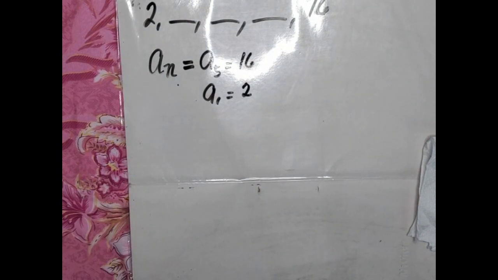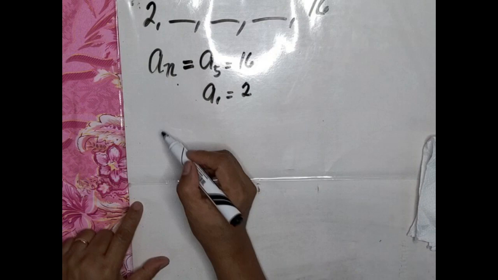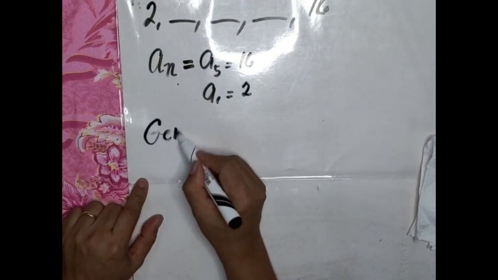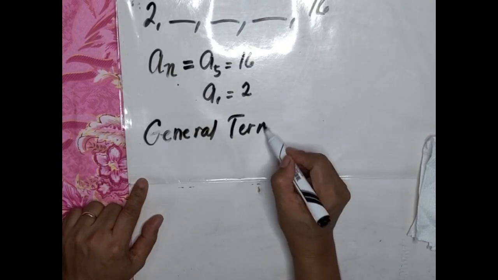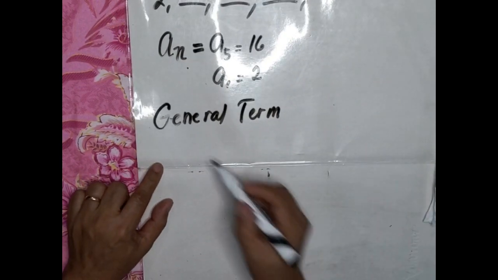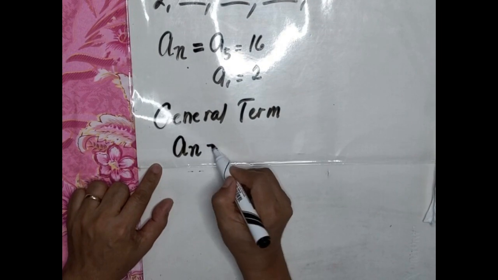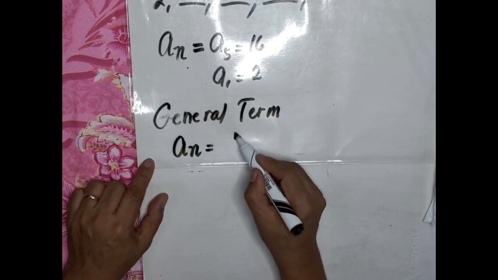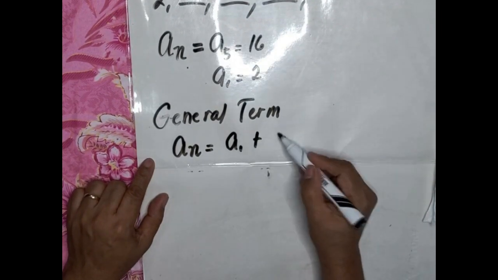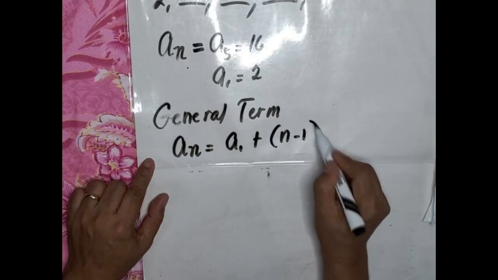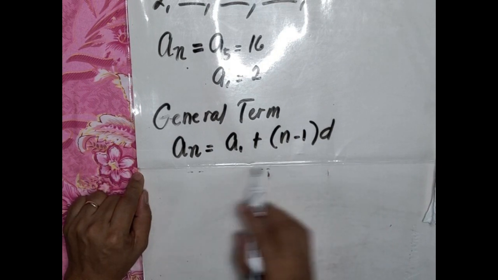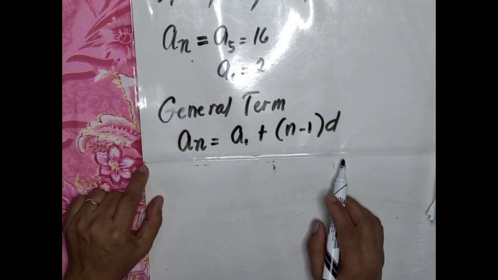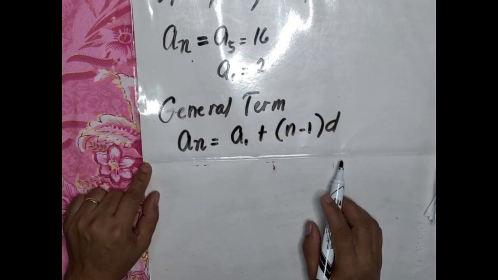Okay. So from here, we are going to have our general term for all arithmetic sequences. And that is a sub n is equal to a sub 1 plus n minus 1 times d. This is now the general formula in any arithmetic sequence.